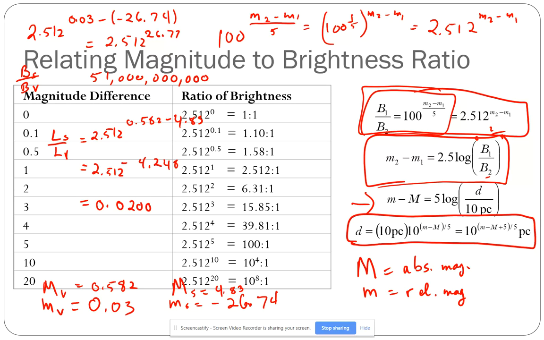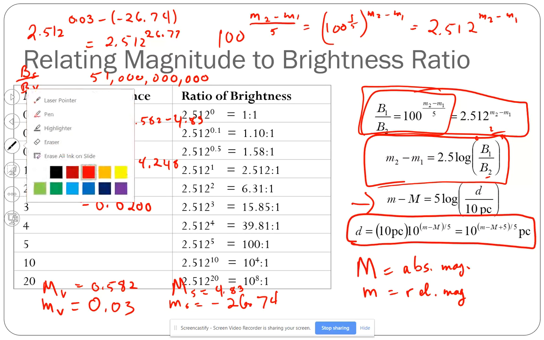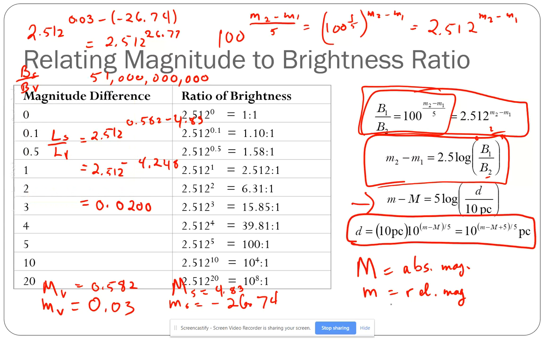Final thing we could do with these numbers, if space were to be no problem, we can determine how far away, for instance, Vega is or the sun is from these numbers. We're going to get a ludicrously small number if we do the sun, right? Because we're much closer than a parsec. So let's just do it with Vega. I'm going to at least change color so you can kind of figure out what's this calculation.